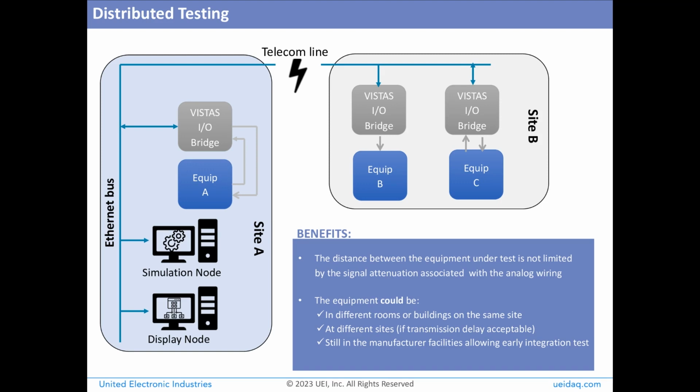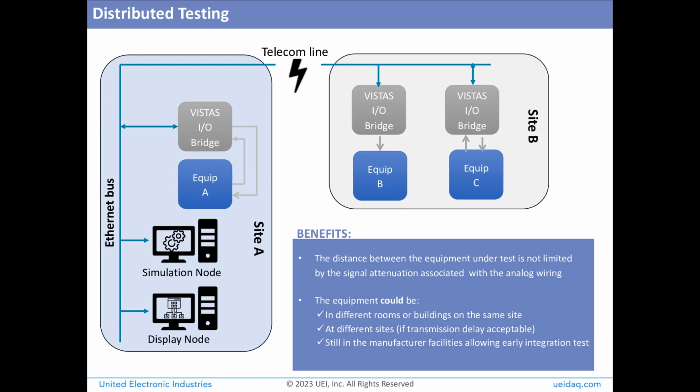The distance between the equipment is not limited by the analog wiring. Everything is over Ethernet now. The components can be in different rooms or even different buildings at the same site. They can be at different sites, or even some of it still at the OEM. This can allow earlier integration testing, earlier validation, earlier anomaly detection, and hopefully shorten your design cycle.